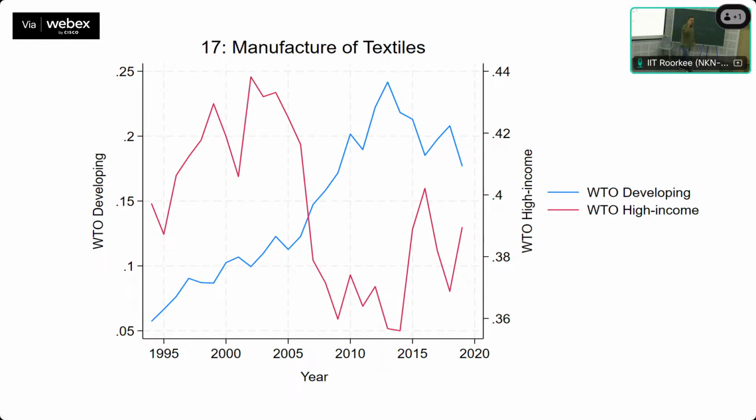There is a paper arguing that because of the AGOA agreement between Africa and the US, China was rerouting their goods through Africa. Suddenly, from 2005, clothing and textile exports from Africa to America went up hugely. Why did Africa start producing so many clothes and leather products? China rerouted the products through AGOA. They put people in Africa, who bought Chinese products and exported them from there.